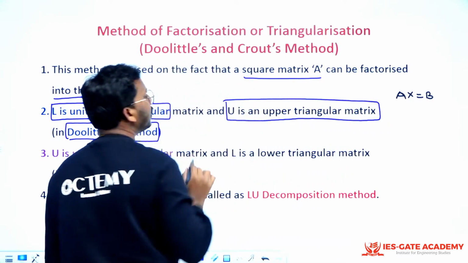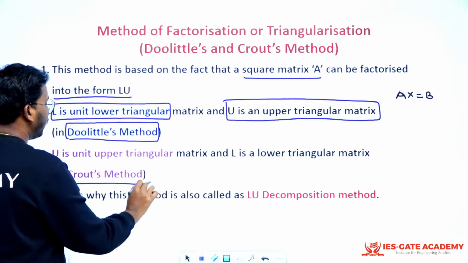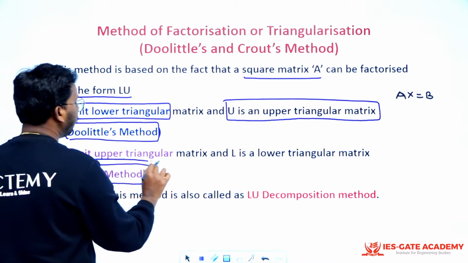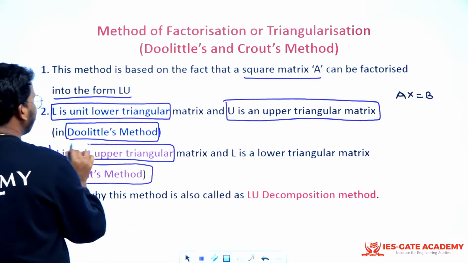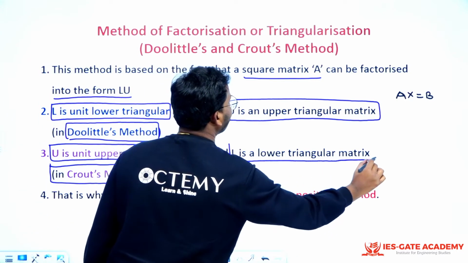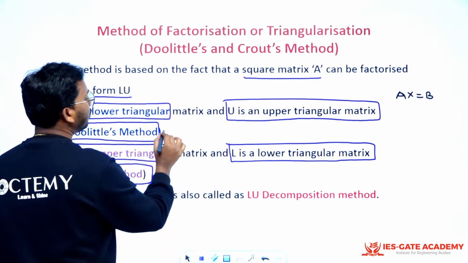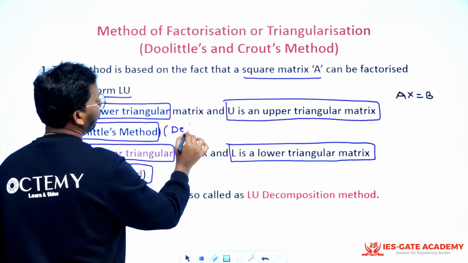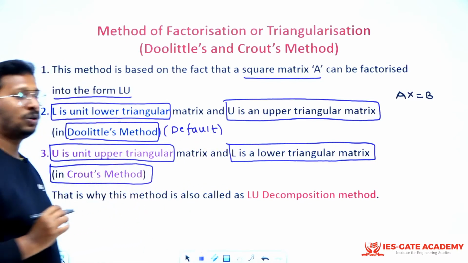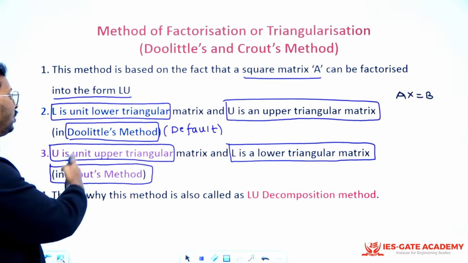Whereas if it is mentioned to use Crout's method, then the upper matrix will become a unit upper triangular matrix, and L will become a simple lower triangular matrix. If he simply said factorization method, that means Doolittle's method is the default. If nothing is specified, then obviously we'll apply Doolittle's method.